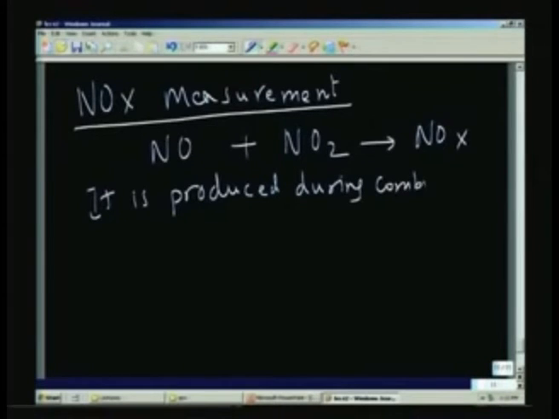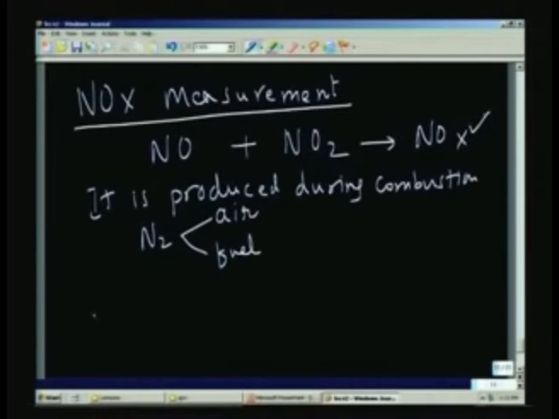Because nitrogen oxides are formed, the nitrogen either comes from the air or it may sometimes come from the fuel also. Fuel might have some nitrogen in it. So, we are not really bothered about where the nitrogen comes from. What we are interested in is measuring the NOx.